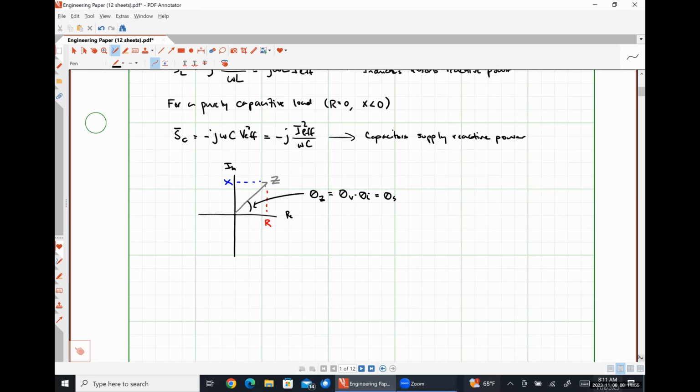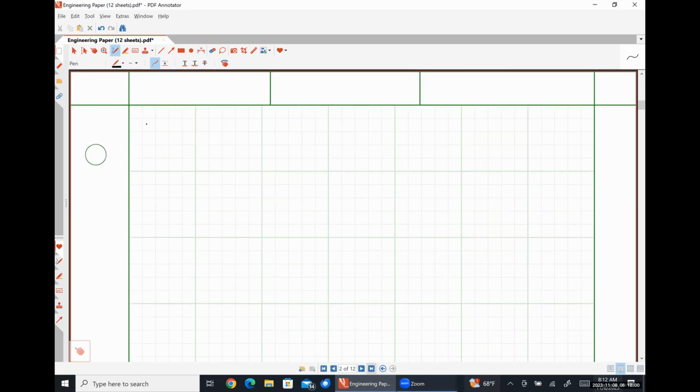All right. So I want to start our discussion on power factor correction by working an example. So let's say that I have the following circuit where I have some source voltage, Vs, operating at a linear frequency of 60 hertz.